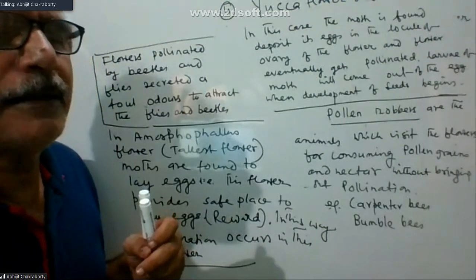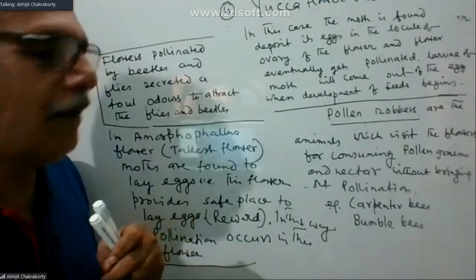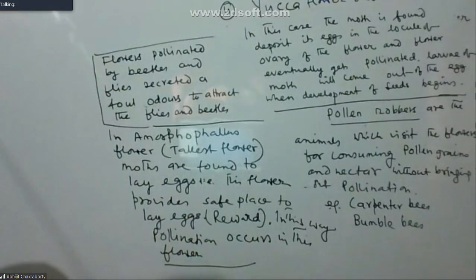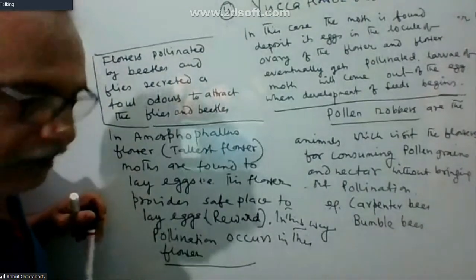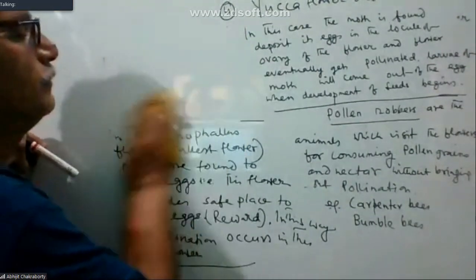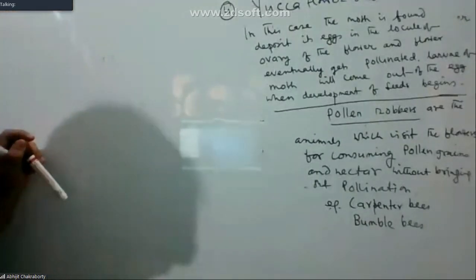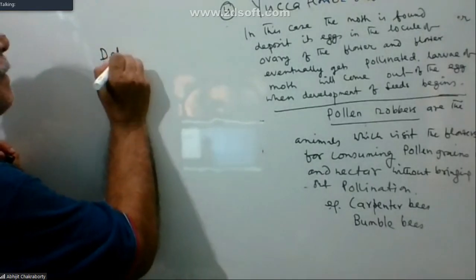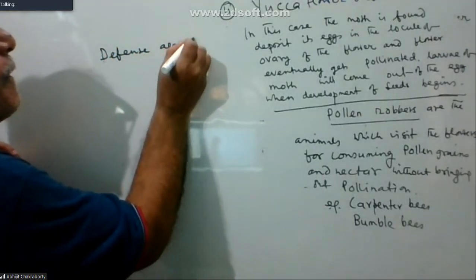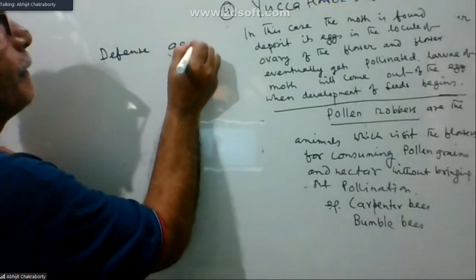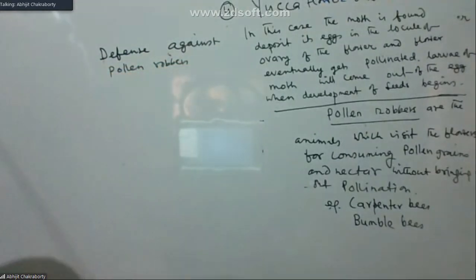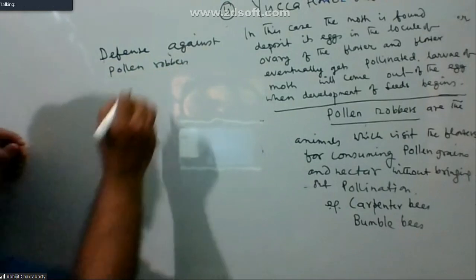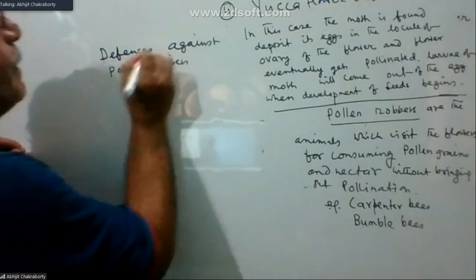Now the plants have developed some defense mechanisms against them also. What are the defense mechanisms found? Defenses against pollen robbers.